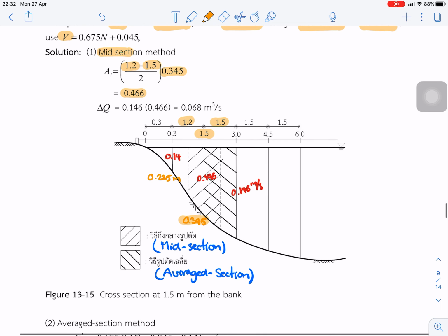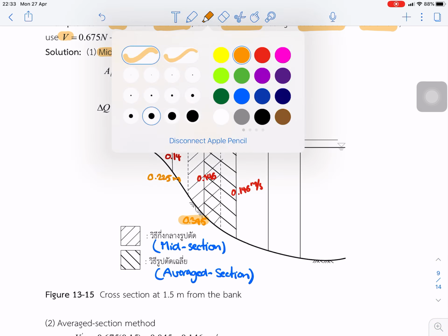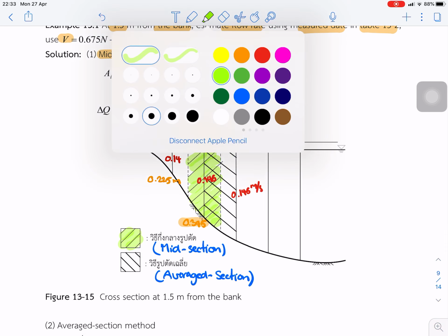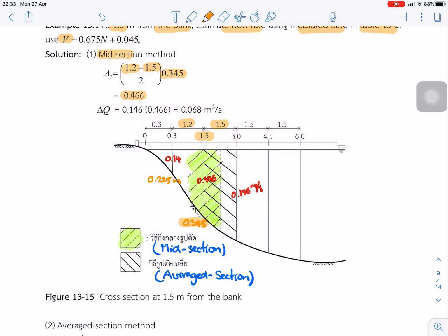This is the area from the mid-section method, and we multiply the area by the velocity to get 0.068 cubic meters per second.